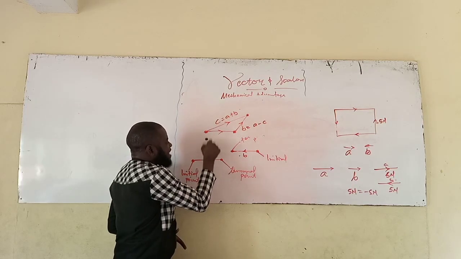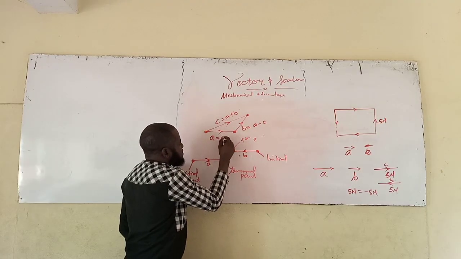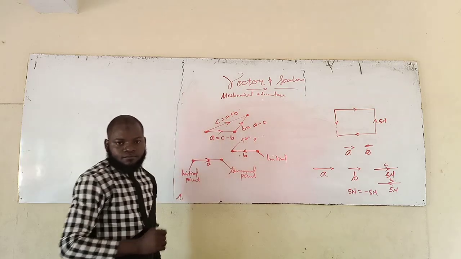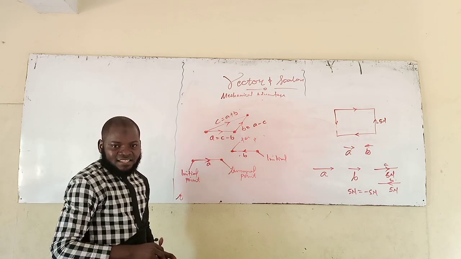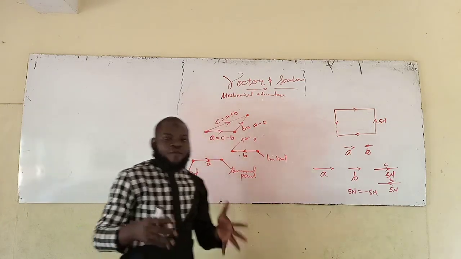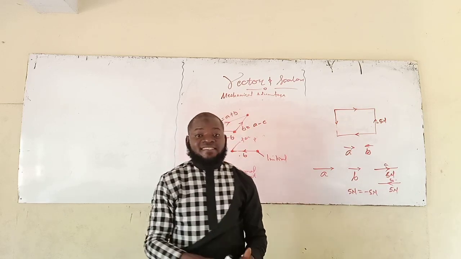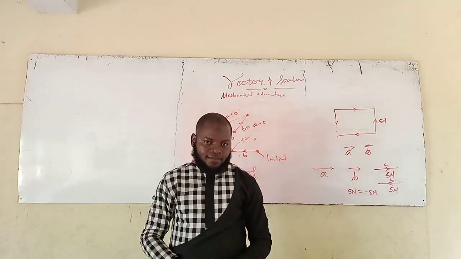Therefore, their resultant, which happens to be A, is going to be C minus B. Have you got this right now? So that is how we determine if two vectors are facing the same direction or not, and that is how we can get their resultant.